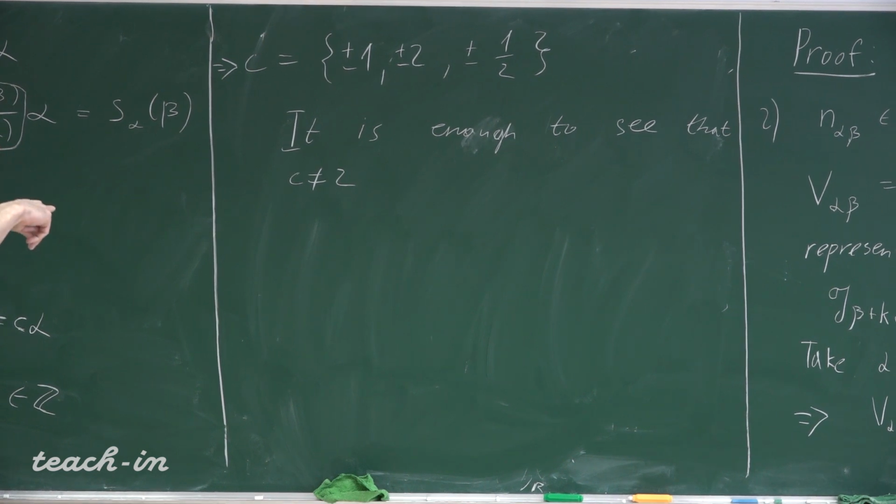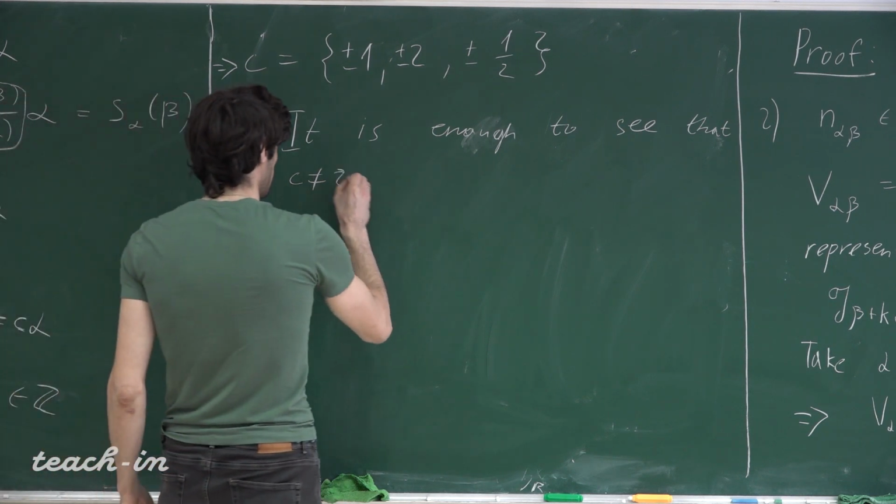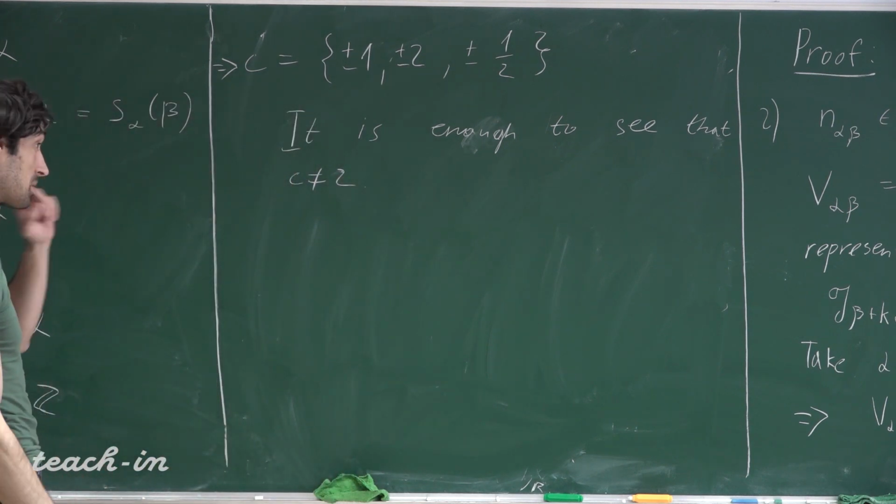Then I'm back to the situation where C is 2. If my C is 1/2, I can just rename alpha and beta, switch them. And then I'm back to the situation where C is 2, right? So I can just play with the roots to go back to this situation. So we would like to see that C is not 2.